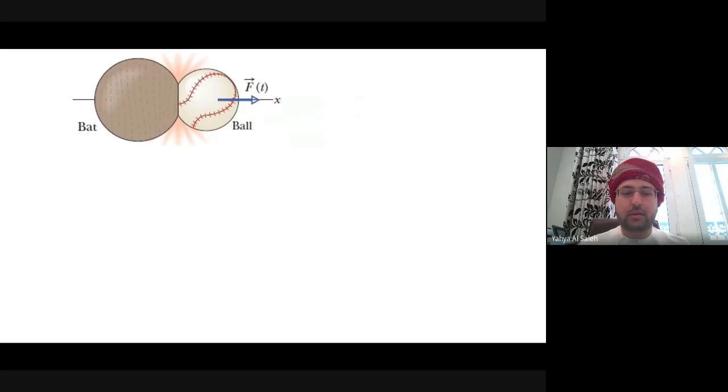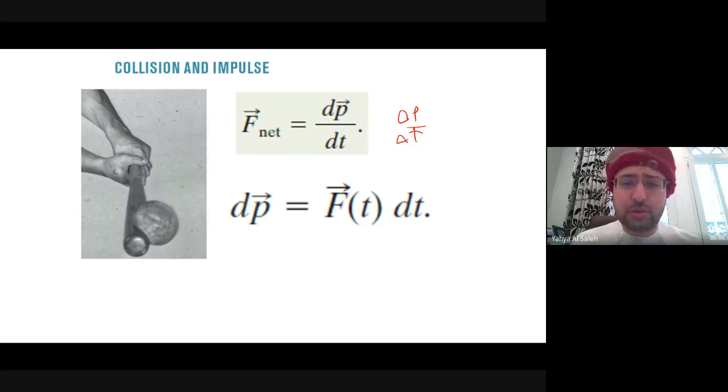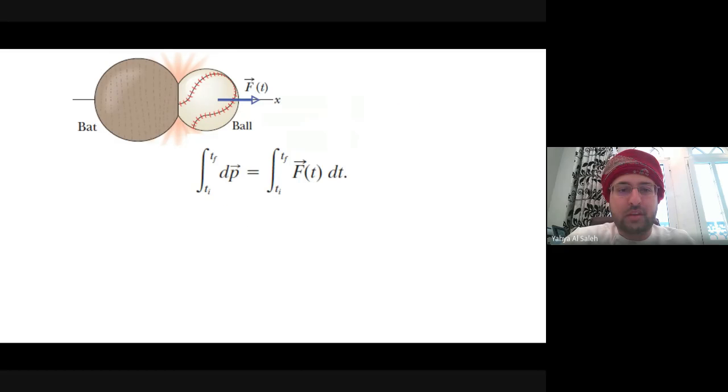Okay. Let's do it using some mathematics. I'll just rearrange this. I'll keep dp on one side and bring F dt on the other side. So my change in momentum is my integral of force during the time that the force is acting. Now, if I integrate both sides, dp and F(t) dt, on the left-hand side, I will get my delta p, final momentum minus initial momentum.